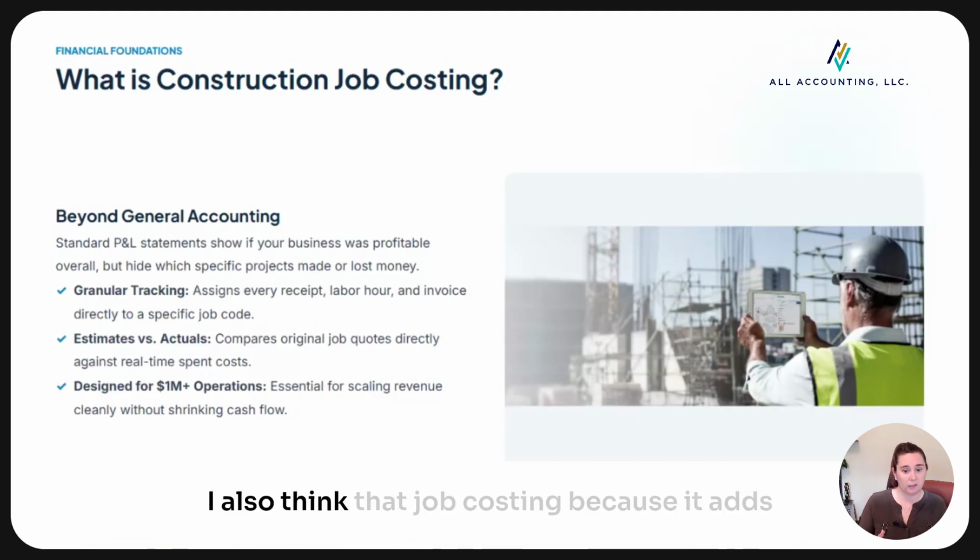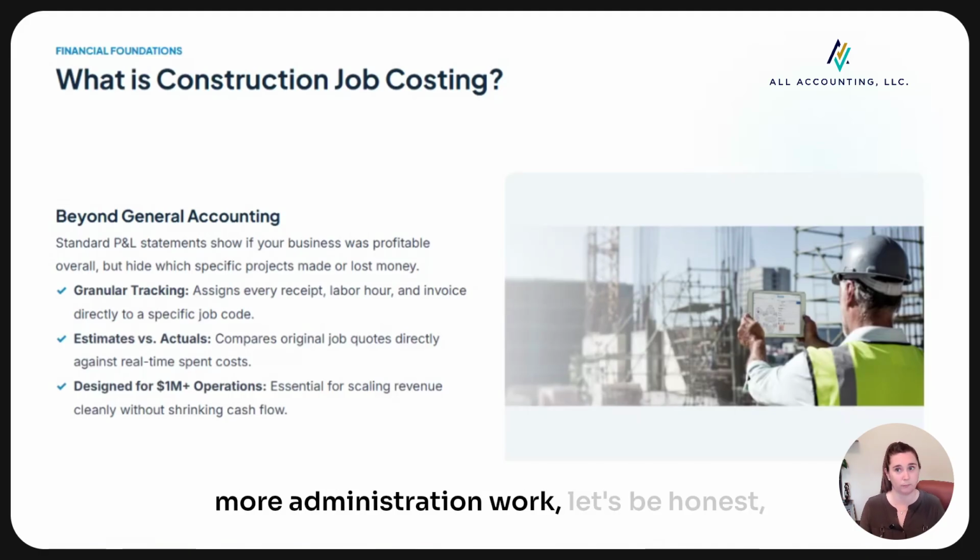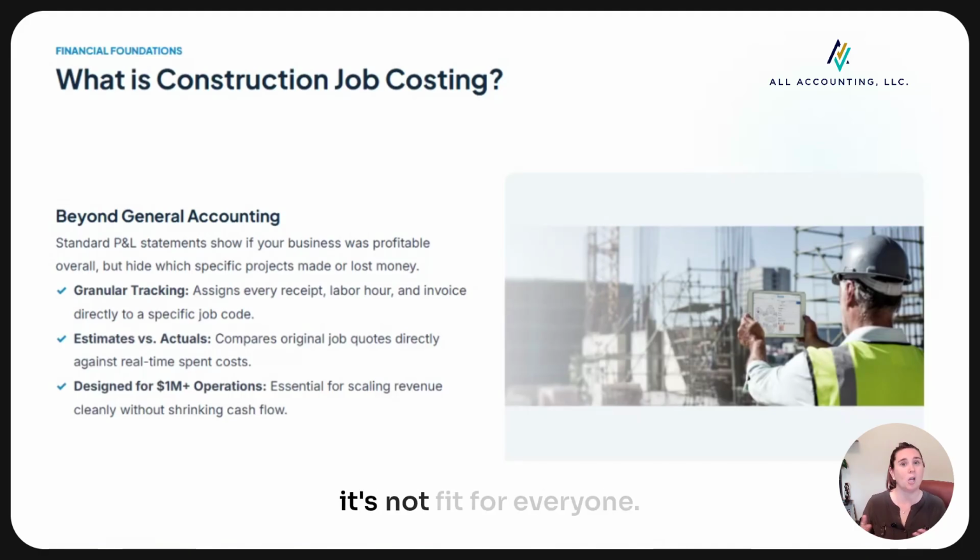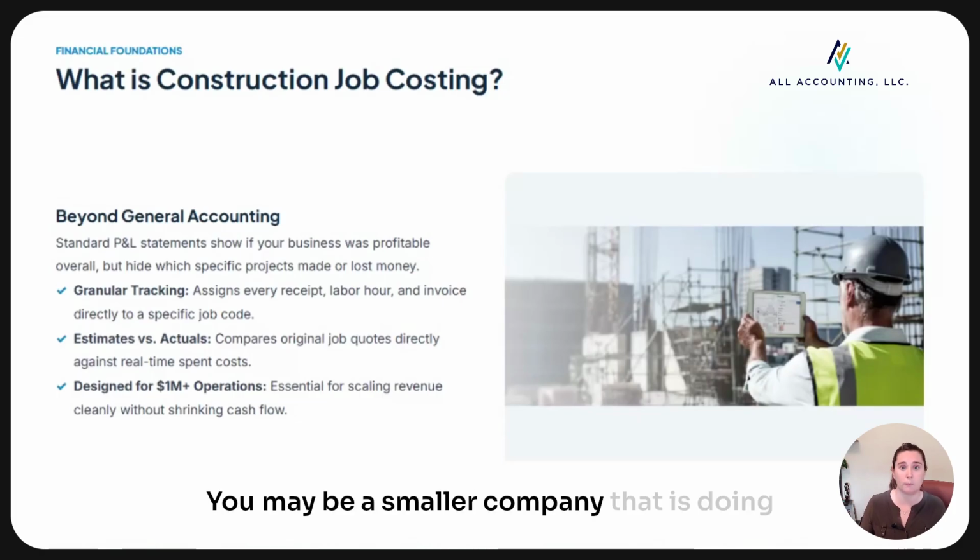I also think that job costing, because it adds more administration work, let's be honest, is not fit for everyone. You may be a smaller company doing under $1 million, and your jobs are not as strenuous or as large to really take on that other administration cost.